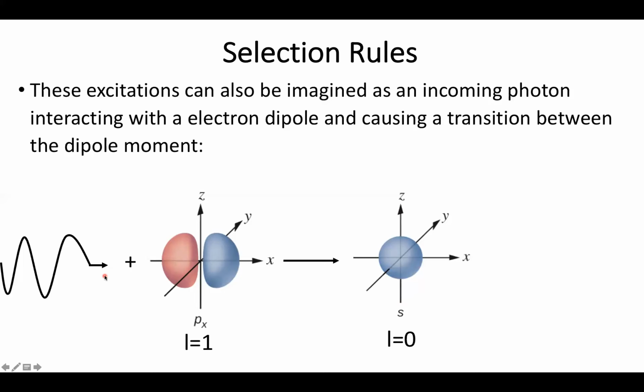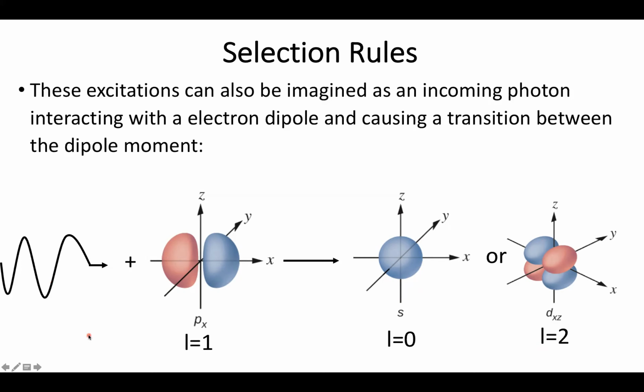Or these two can add constructively. So the dipole moment coming in from the photon and the dipole of my electron, which it already has, can add together, and it turns out you can make it spin even faster, giving it a net orbital angular momentum of 2, generating a d orbital.